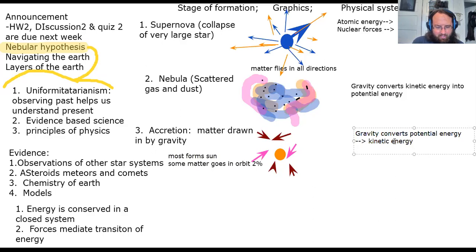So what starts to happen is collisions. Your collisions will start to heat things up. Now, as you start getting collisions, you start to get a proto-solar system. Stage 4, proto-solar system.